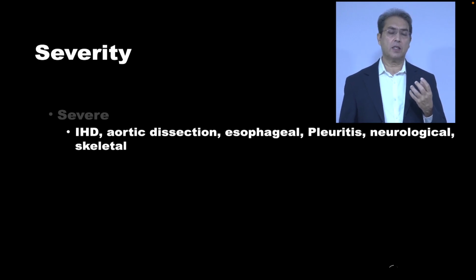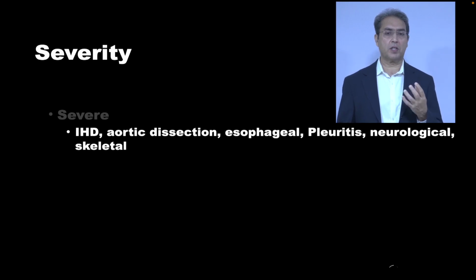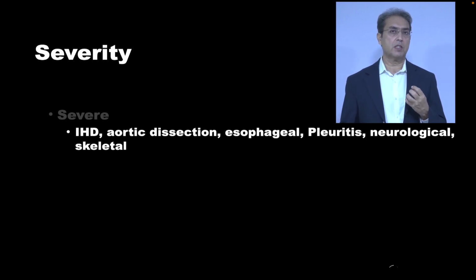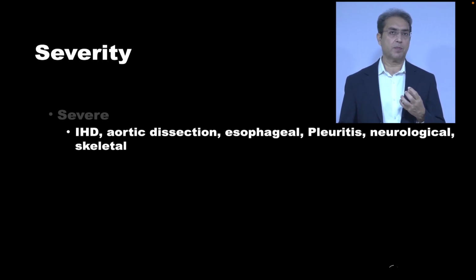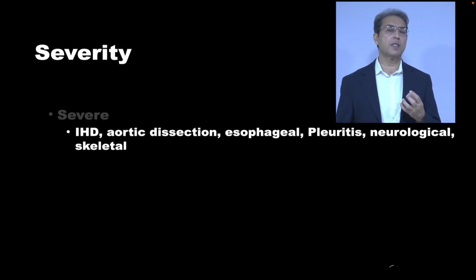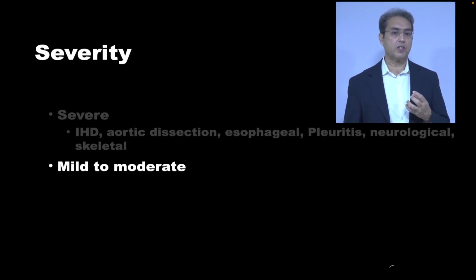Severe pains are seen in ischemic heart disease, patients who've got myocardial infarction, patients who've got aortic regurgitation. Sometimes the diffuse esophageal spasm has severe pain. Pleuritic pain and neurological pain may be severe. The skeletal pain, particularly the pain of fractures of the rib, that may be severe in intensity. Otherwise, these pains are generally not very severe.